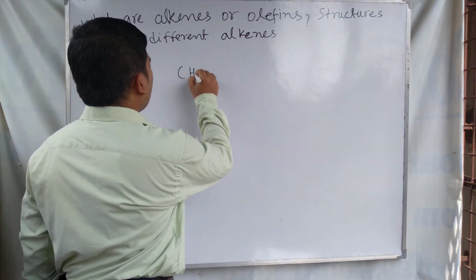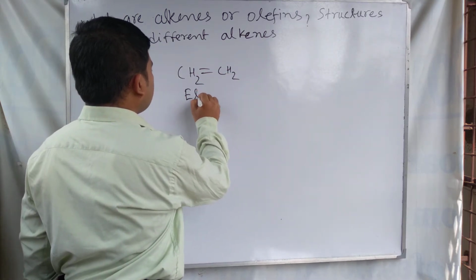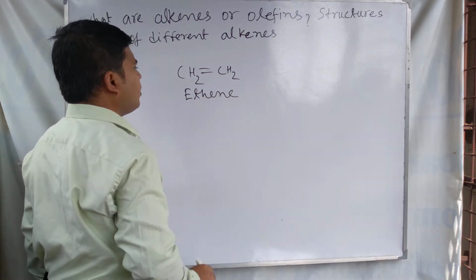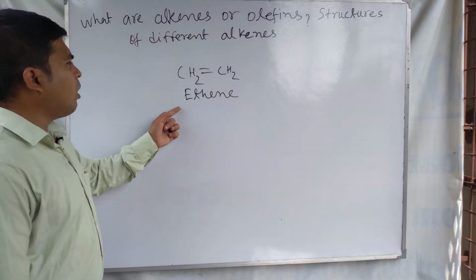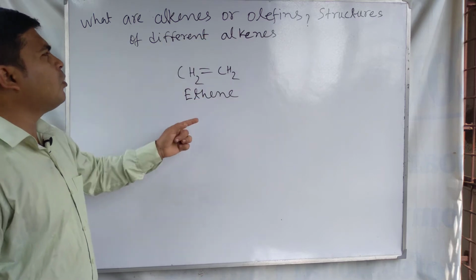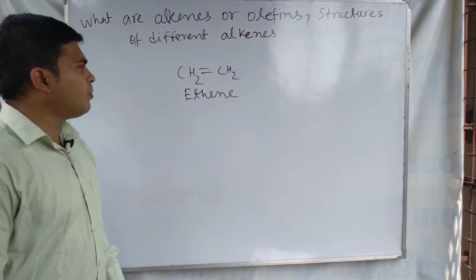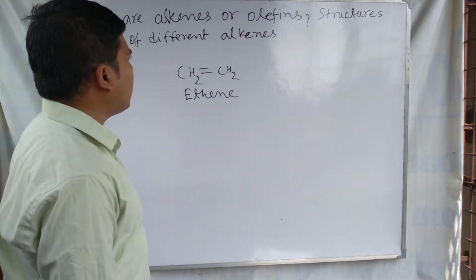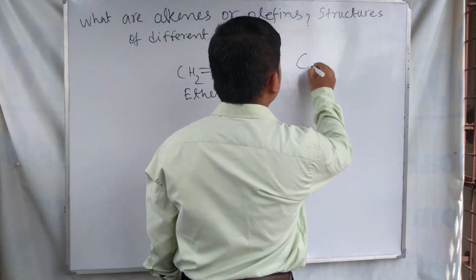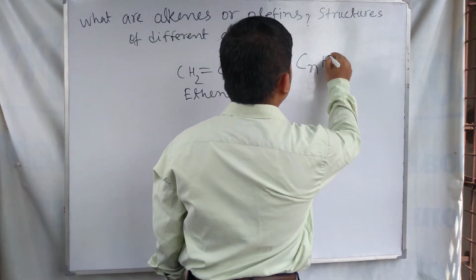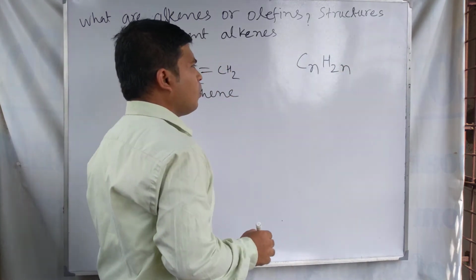The smallest alkene is called ethene. Ethene is also called an olefin. Here a carbon-carbon double bond is present, and it is the first member of the alkene family. The general formula for the alkene family is CnH2n.